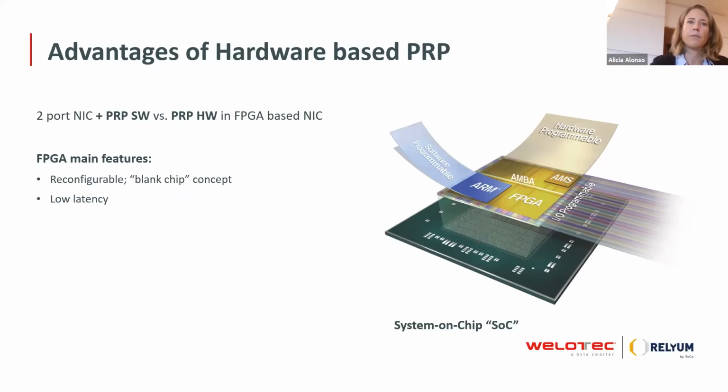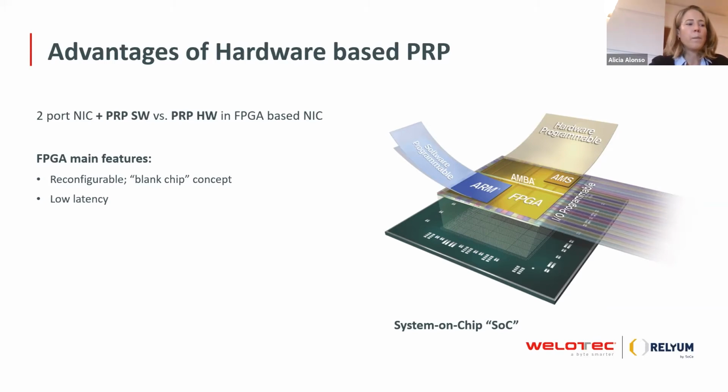So before going forward and seeing which are the advantages of this type of solutions, I will focus on explaining briefly what an FPGA chip is. The characteristic of an FPGA chip is that it's a reconfigurable technology. It's known as a blank chip. Also, it's known as programmable logic.